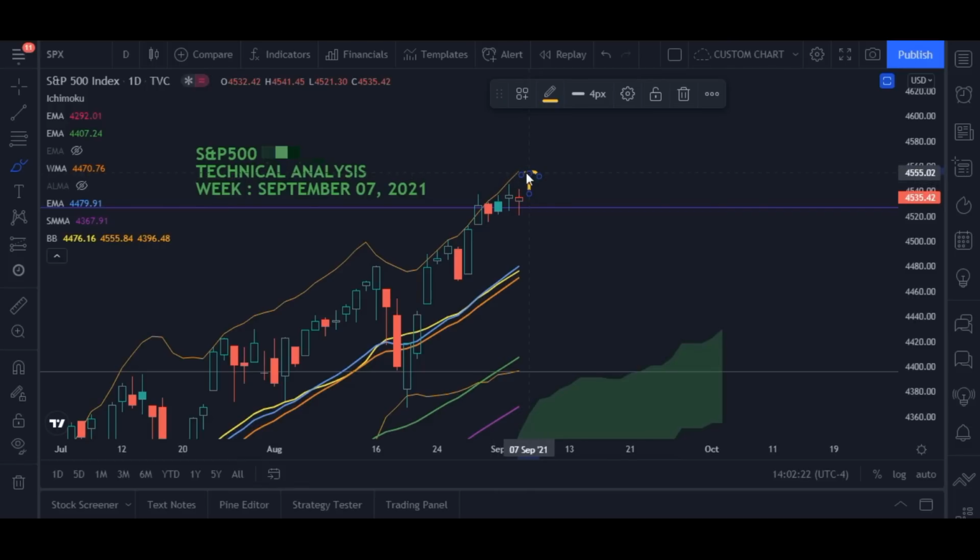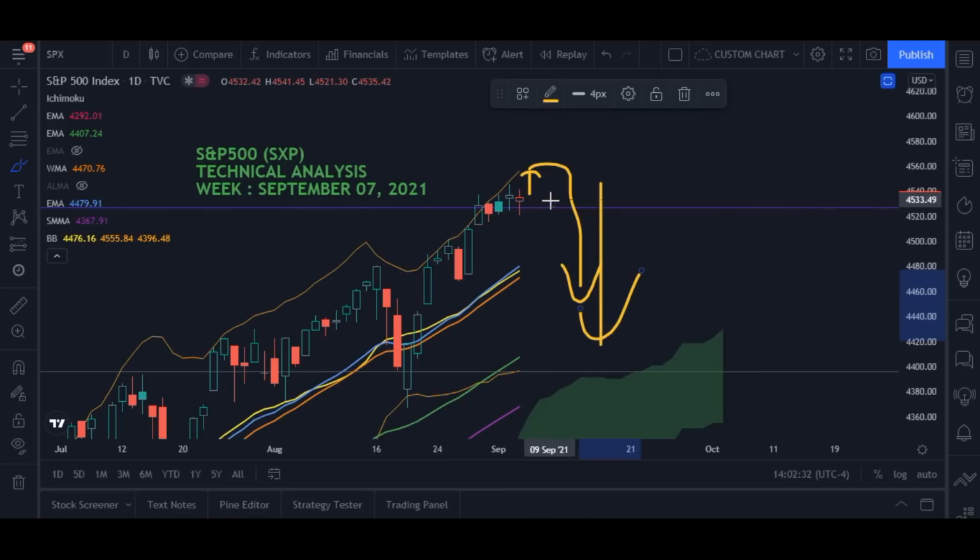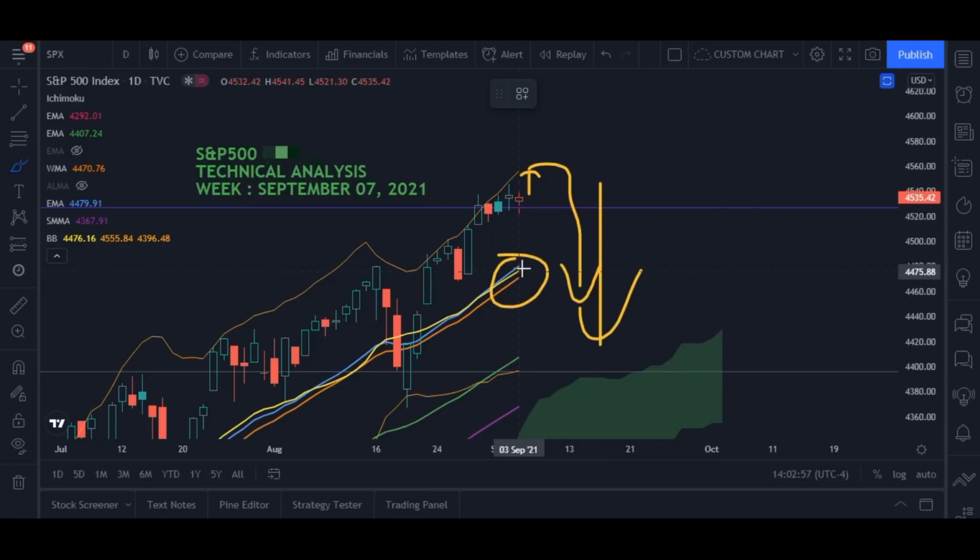After hitting 4555, there are very heavy chances, more than 95% chances, that the market will come down. This is expected to happen here. Whenever the market comes down, it will find support on these moving averages, and also on the mean of the Bollinger Band, which is also the SMA here.